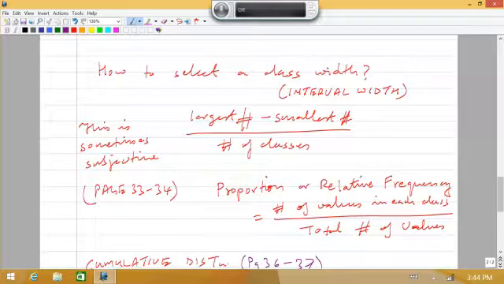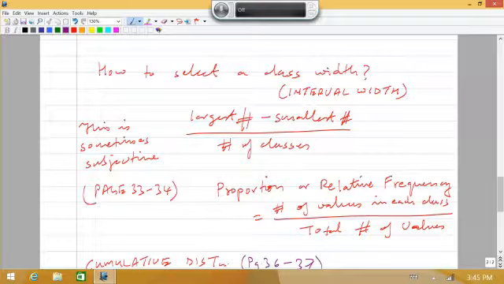Now when we add the two values within the class interval or the class width and divide the number by 2, we get what is called the midpoint. So if we add 20 plus 30 and divide that number by 2, we have 25. So 25 is the midpoint.